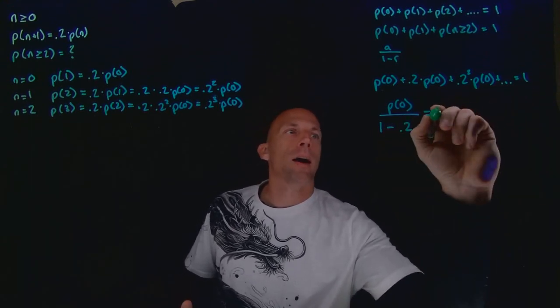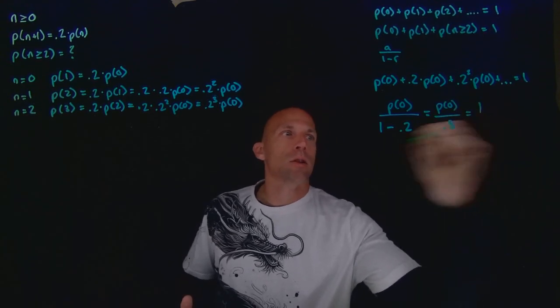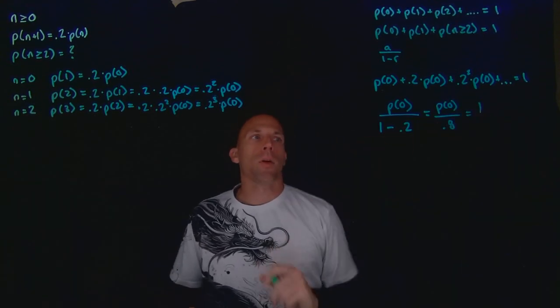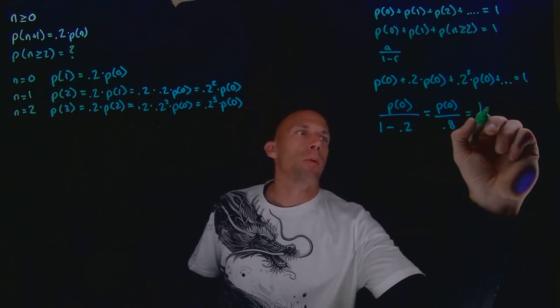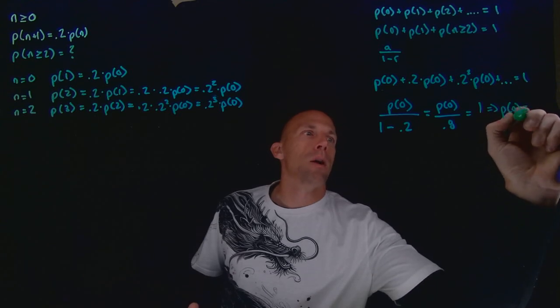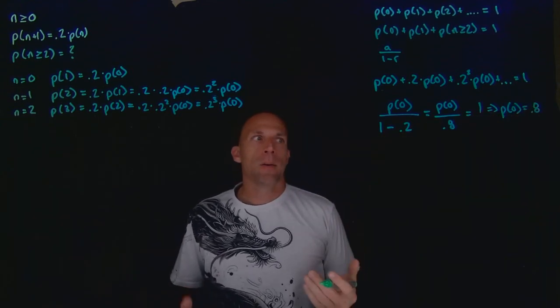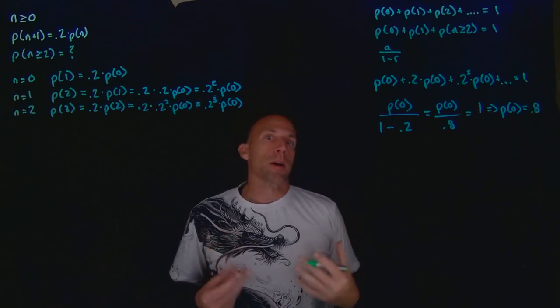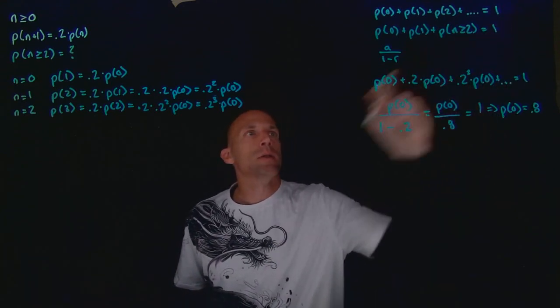But let's simplify to P of 0 over 0.8 is equal to 1. I'm just going to do that math on the bottom there. And then if I were to multiply both sides of the equation by 0.8, we would quickly realize that P of 0 is equal to 0.8. So that feels really good. We are halfway home.